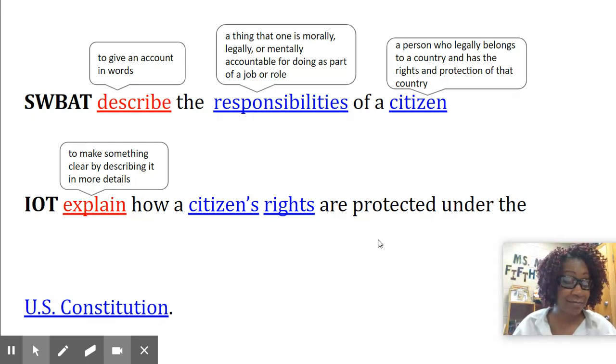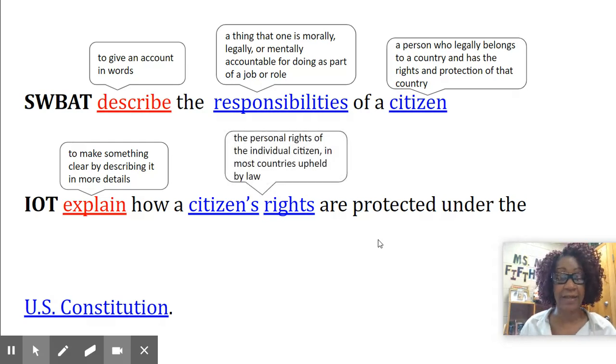We're going to describe the responsibilities of a citizen in order to explain how citizens' rights, the personal rights of an individual citizen, I am an individual citizen, the ones in most countries upheld by law, are protected under the U.S. Constitution.